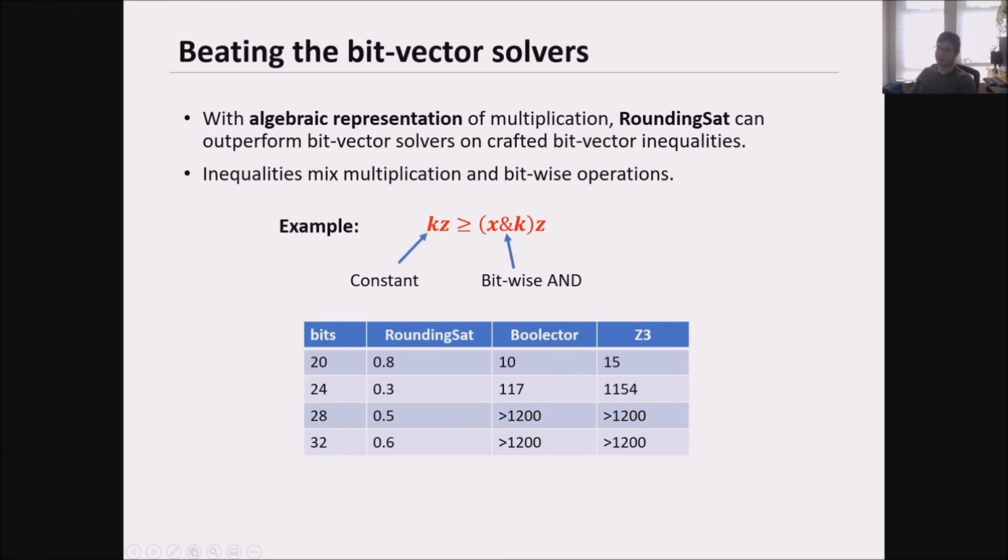Okay, and this is actually kind of interesting because bit vector solvers are allowed to do a lot more high-level pre-processing to simplify the input bit vector formula. We can see that these simplifications didn't really help a great deal for this mixture of multiplication and bitwise operations. And on the other hand, we directly gave rounding SAT a pseudo-Boolean instance, and this solver doesn't do any pre-processing at all.